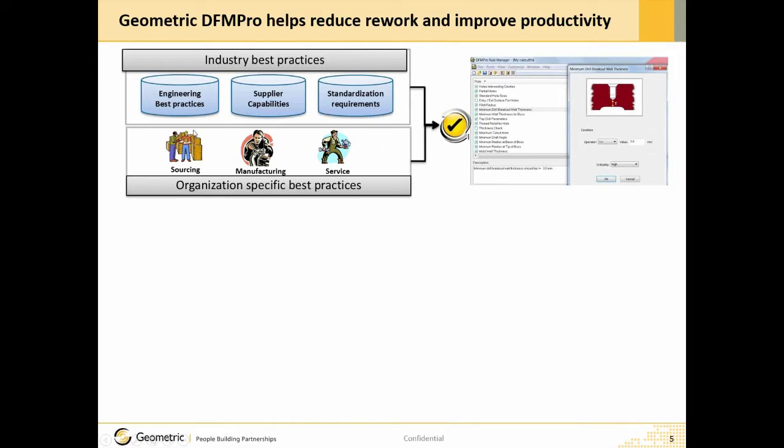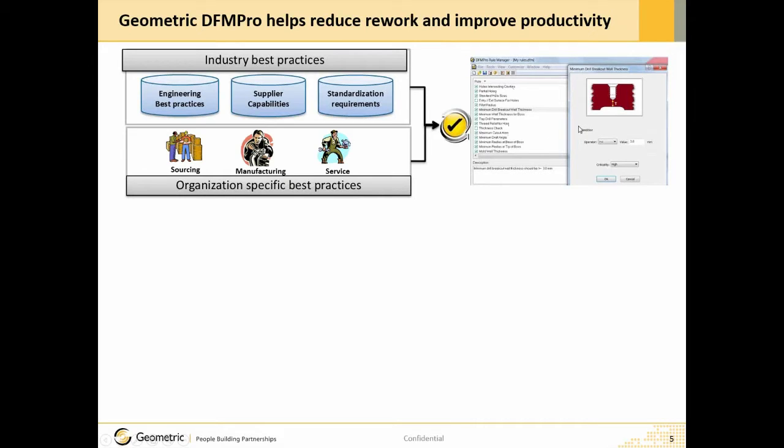And what we also do is help you capture your organization-specific best practices, which are coming from functions like manufacturing, sourcing, and services. This is what we capture as organization best practices, and we take these best practices and convert them into what we call a rule. So a rule is nothing but a check or a validation process that goes in as a database.